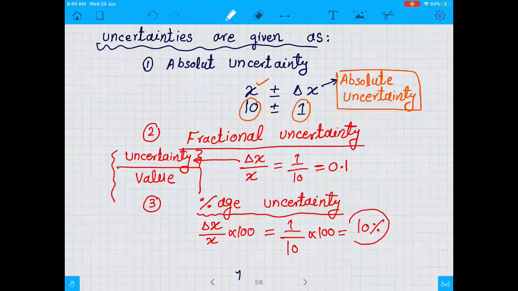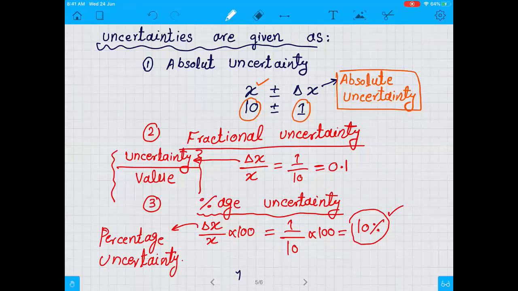So we can also write uncertainty as percentage. Percentage uncertainty is uncertainty out of 100. If the data value is 100, then the amount of uncertainty would be the percentage uncertainty.